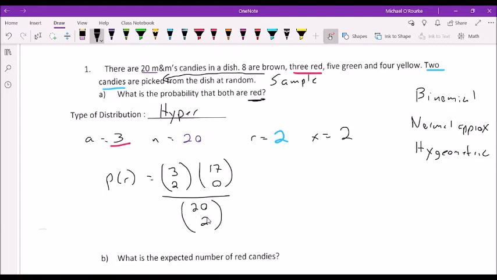Logic tells you this is your wanted group, and this is everything else to fulfill that, and to divide it by all options, if you just want to memorize the formula as such.